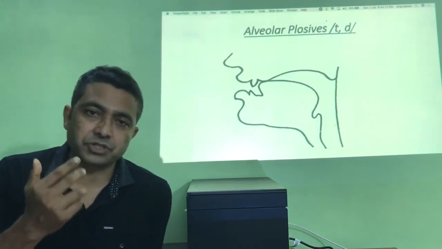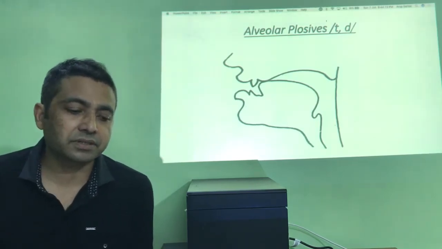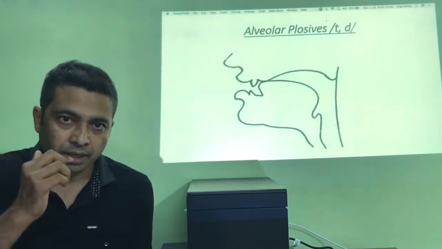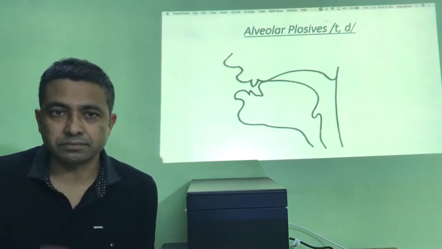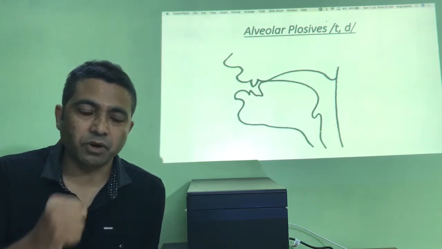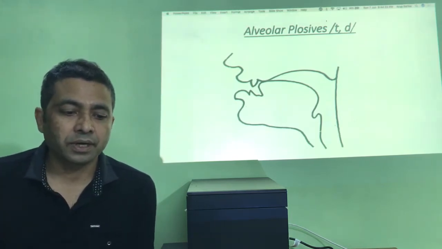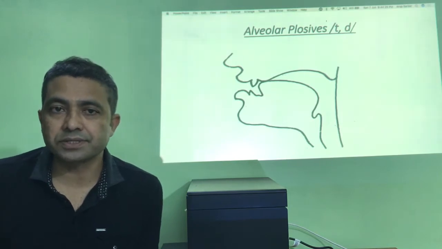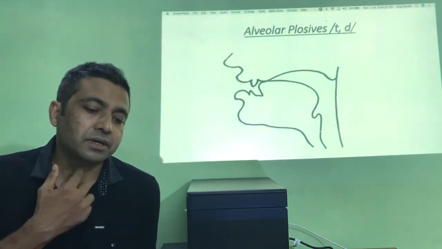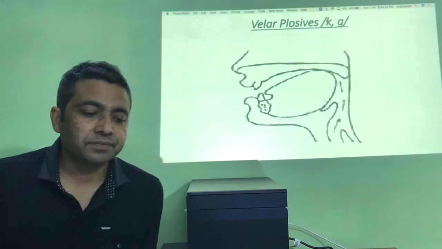Alveolar means the teeth ridge, the back of the upper teeth ridge. So there the front or tip of the tongue makes contact, and the air is totally blocked, then suddenly released, /t/ and /d/. Similarly, /t/ is voiceless and /d/ is a voiced sound, as I told you earlier.